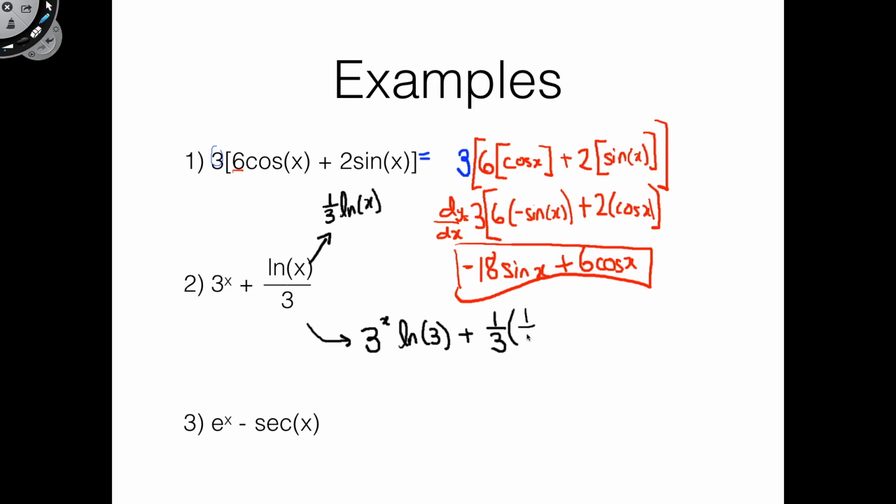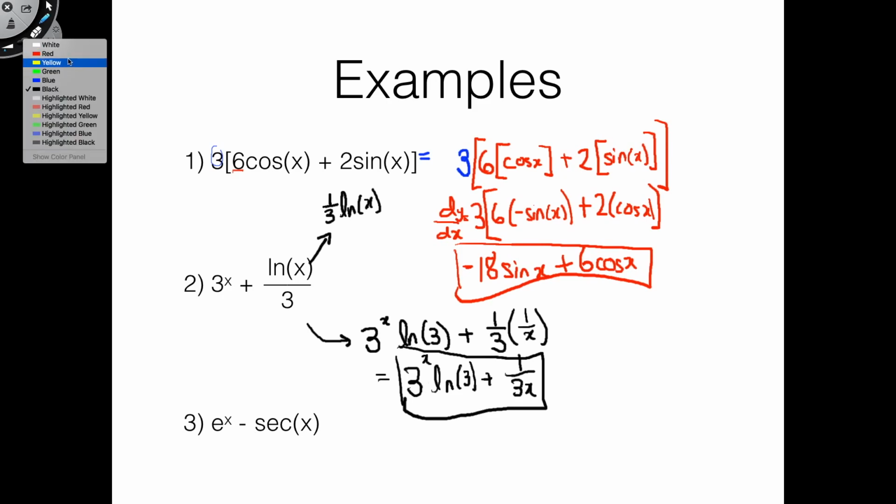That's just 1 over x. So that would leave me with, oops, not 3x, it's 3 to the x, a whole different thing. So it'll be 3 to the x natural log of 3, plus 1 over 3x. This was a pretty straightforward one. And remember, the reason we can take the derivative of each of these terms is because of the sum and difference rule.